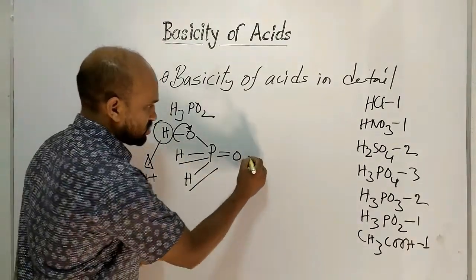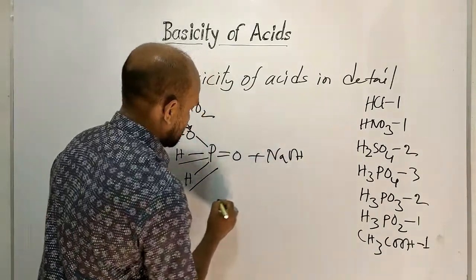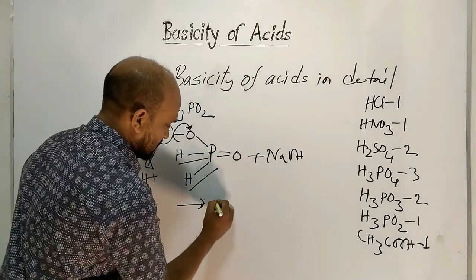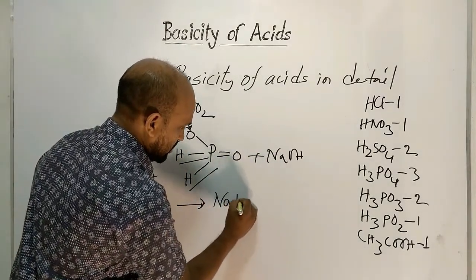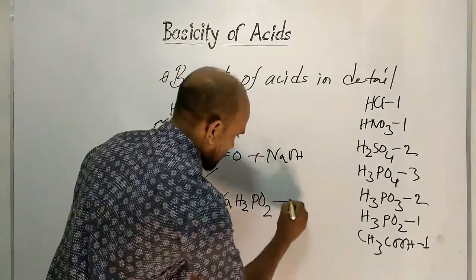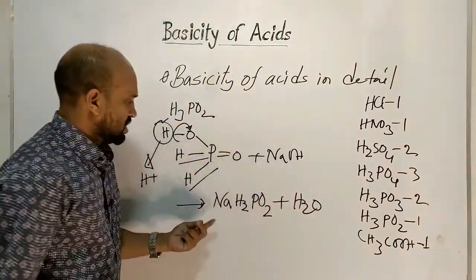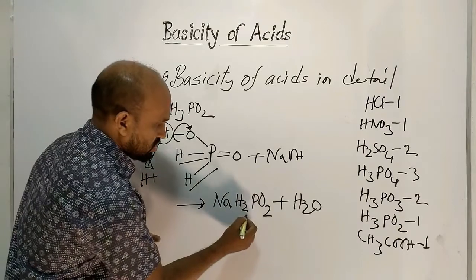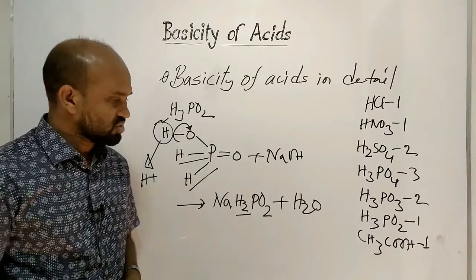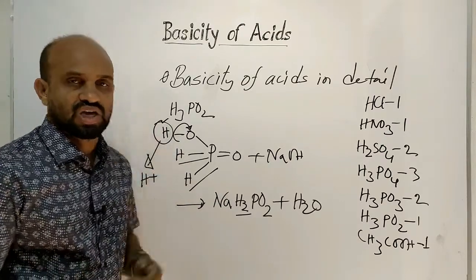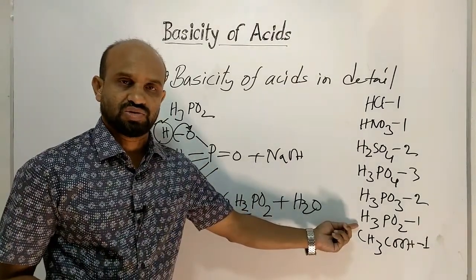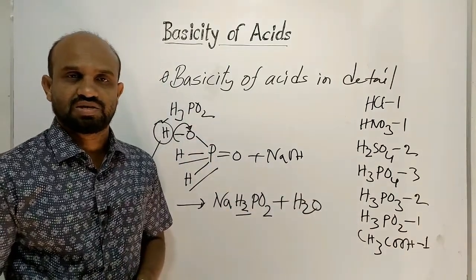If it is added to sodium hydroxide base, then this hydrogen is replaced only by sodium, and then the compound sodium dihydrogen phosphite is formed and water is formed. So out of 3 hydrogen atoms, 1 hydrogen atom is replaced, but 2 hydrogen atoms cannot be replaced. That is why the basicity of hypophosphorous acid is 1, though it has 3 hydrogen atoms.